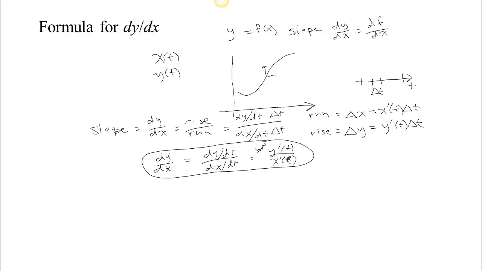We'll look at an example in a second, but I want to look at something else. Once you calculate dy/dx, then you have the slope as a function of time. So if you have a parameterization, you can find dy/dx. It's going to be dy/dt divided by dx/dt. So that's the slope. So now you actually have a parameterization of the slope as a function of time.